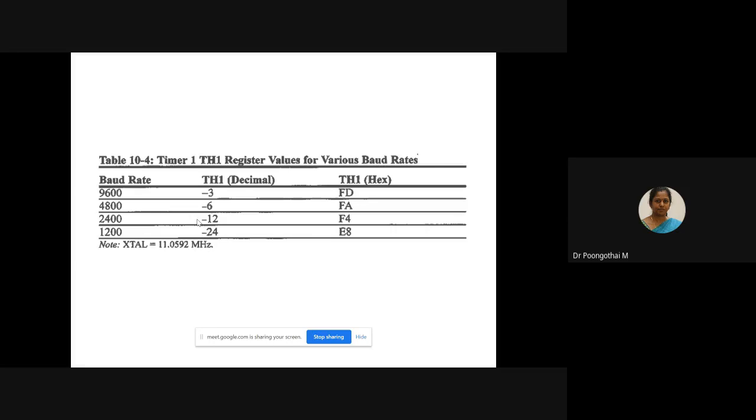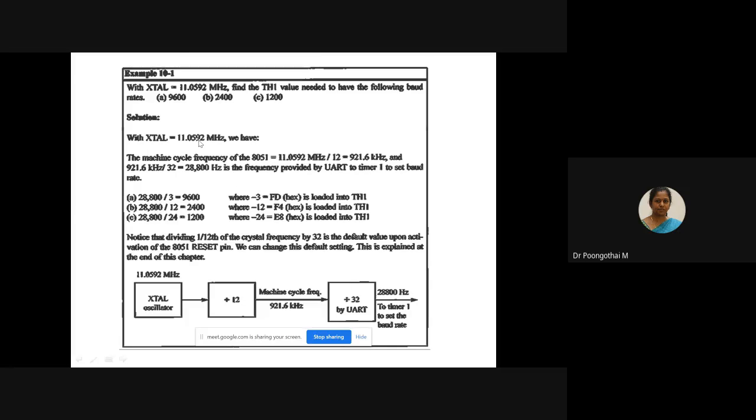As discussed previously in the previous chapter, the 8051 crystal oscillator frequency is divided by 12 to get the machine cycle. The machine cycle frequency is 921.6 kilohertz, that is, 11.0592 megahertz internally divided by 12.